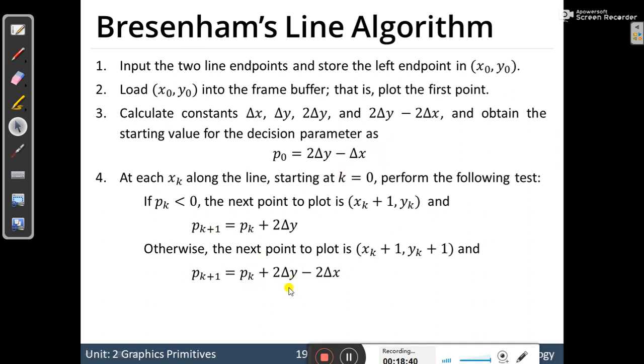So this is the equation. We choose this plot, otherwise we choose this plot. So repeat step 4 del x times, because we are going in the x direction.